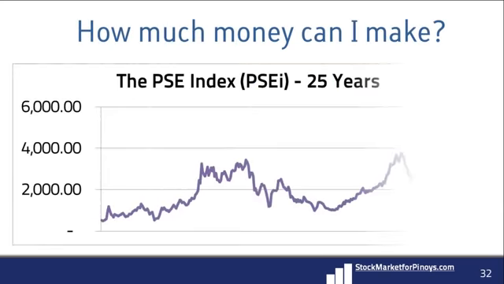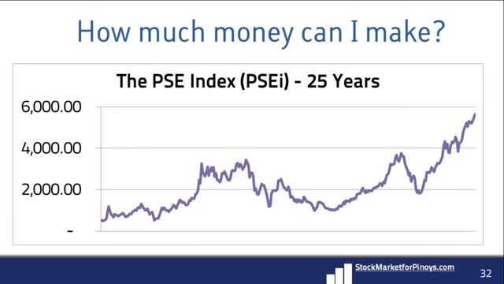What I'm showing you now is the chart of the PSE index or PSEI over the past 25 years. The PSE index is a basket of different companies from different industries in the Philippine stock market. In a way, it represents the whole direction of the Philippine stock market. So as you can see here, in 1987, the price of the PSEI was less than 1,000 pesos.